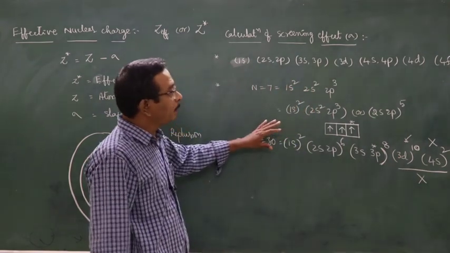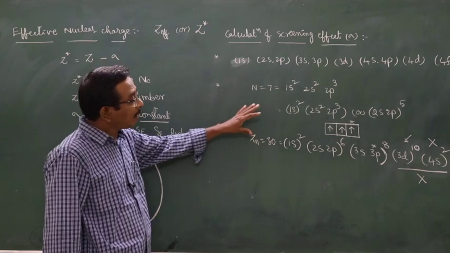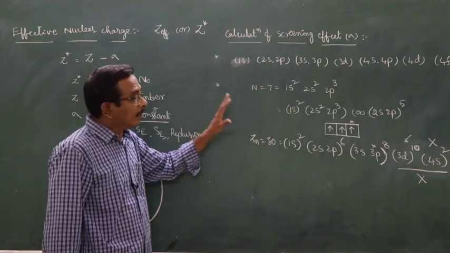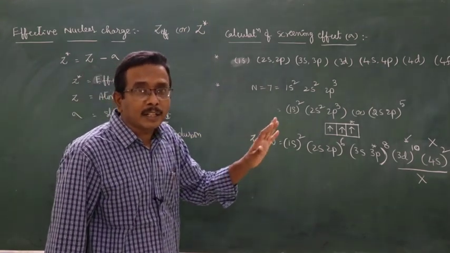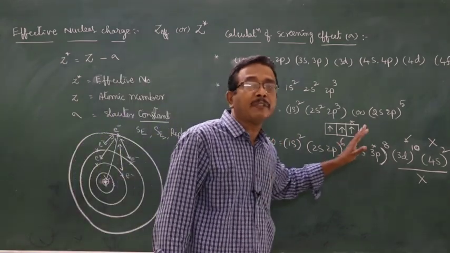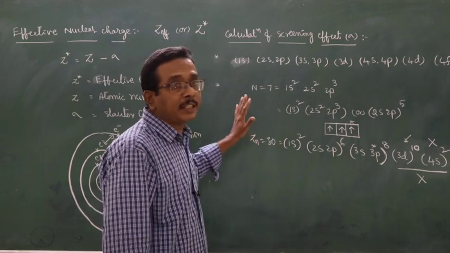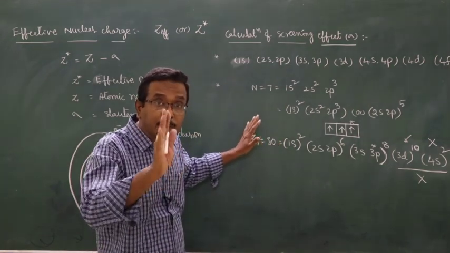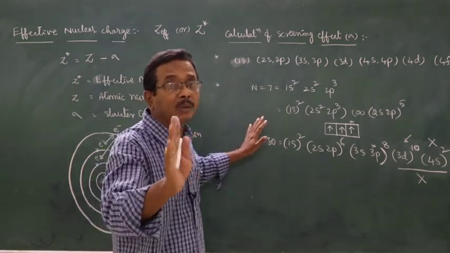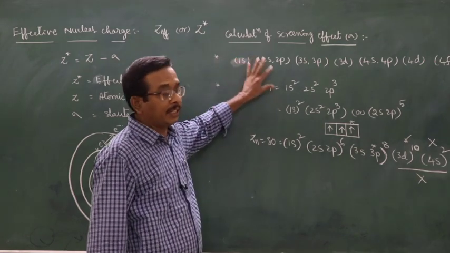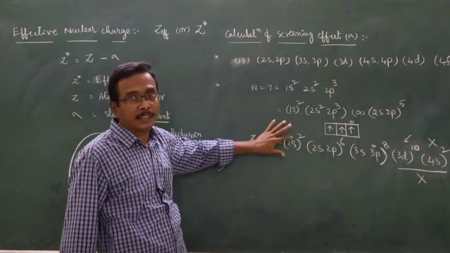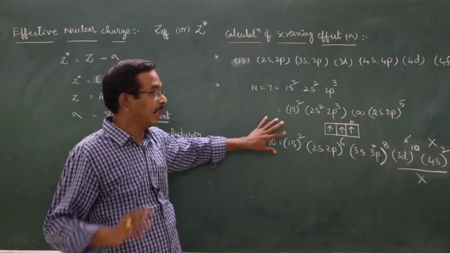That is about the second point. The electrons which are present on the right side of the group in which the effective nuclear charge is calculated will not contribute anything to the Slater constant, meaning they must be excluded from the calculation of the Slater constant. This is the first point, this is the second point.